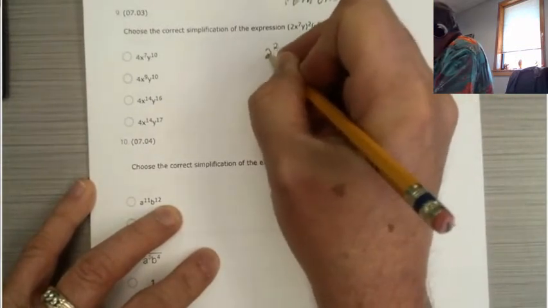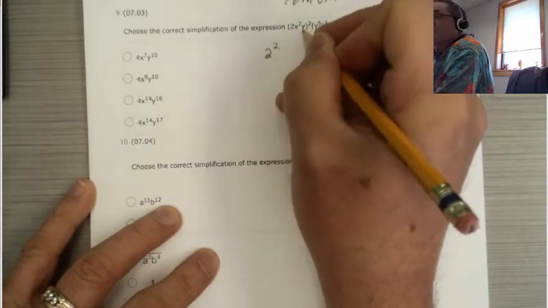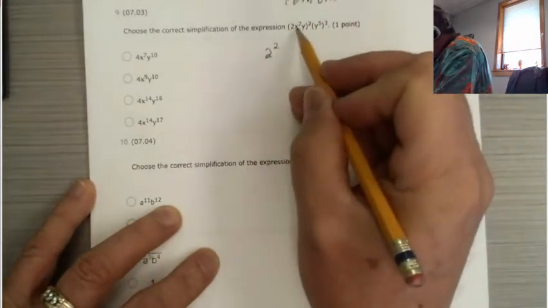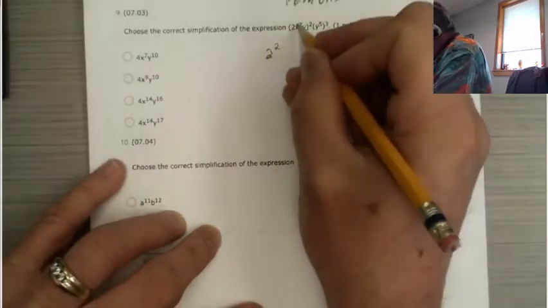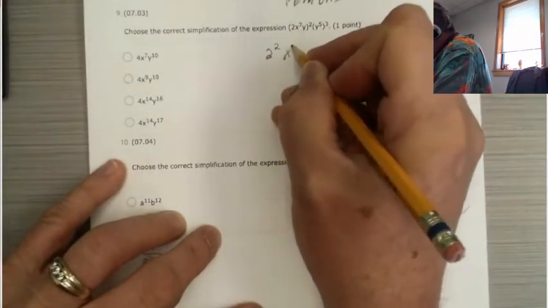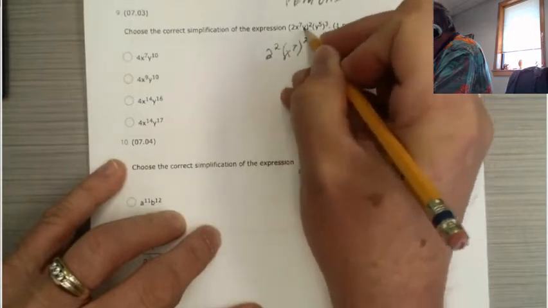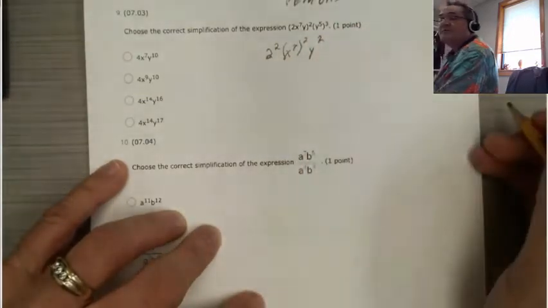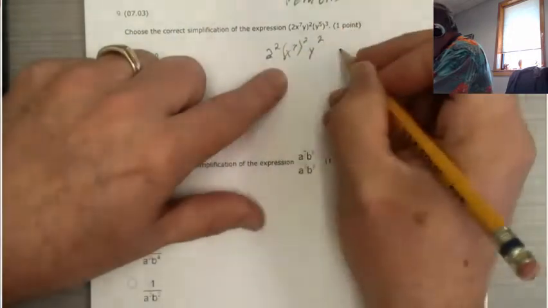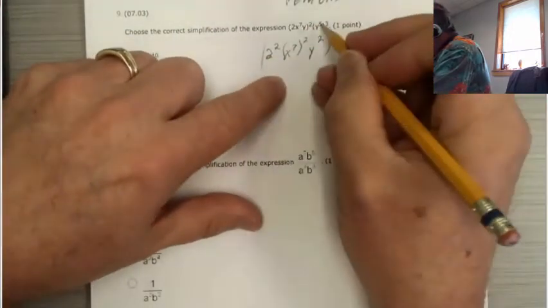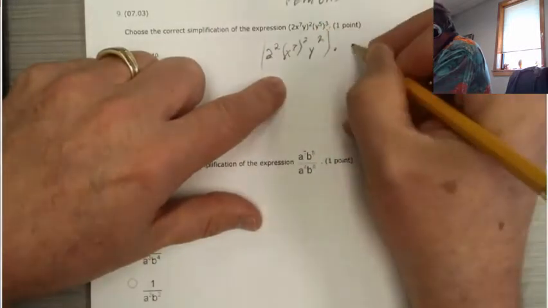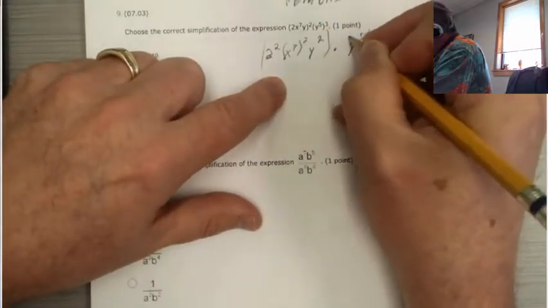If we break each term out, each one of those individual things inside is being squared. So the 2 is being squared, the x to the 7th is being squared, and the y is being squared. And then all of that is going to be multiplied by y to the 5th to the third power.